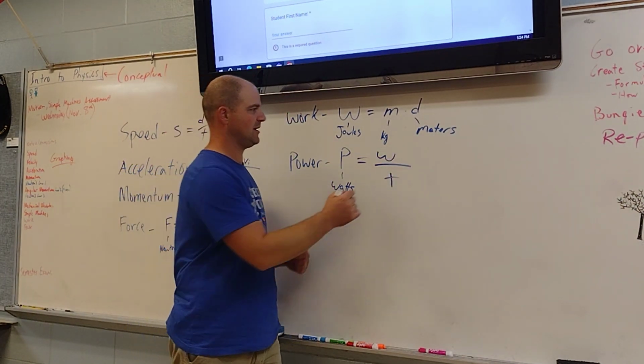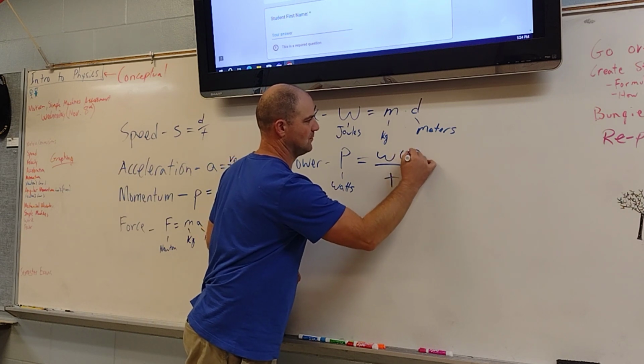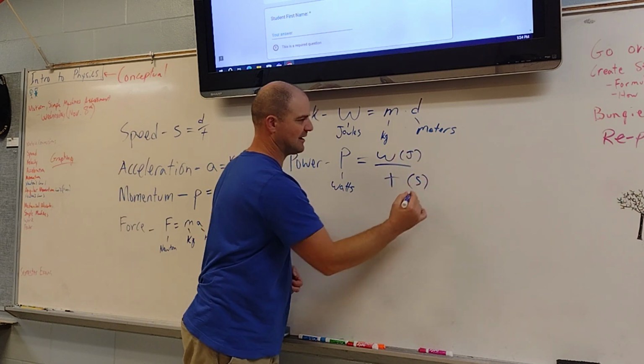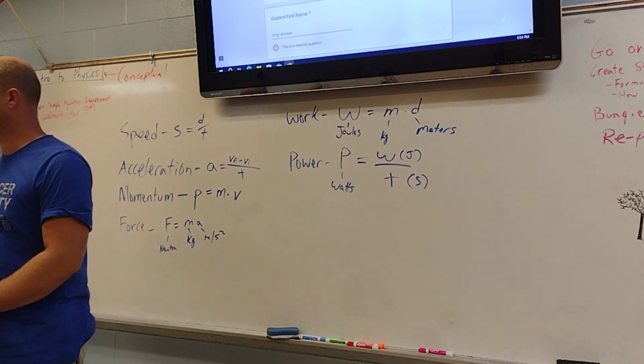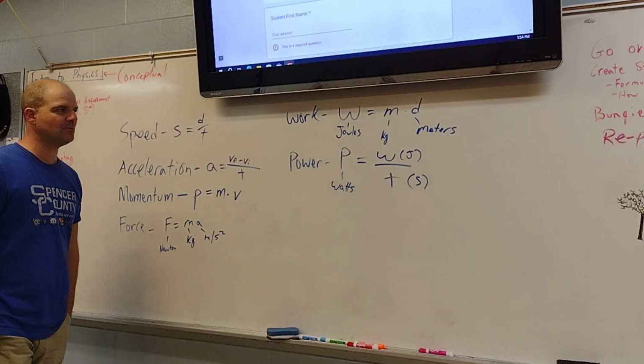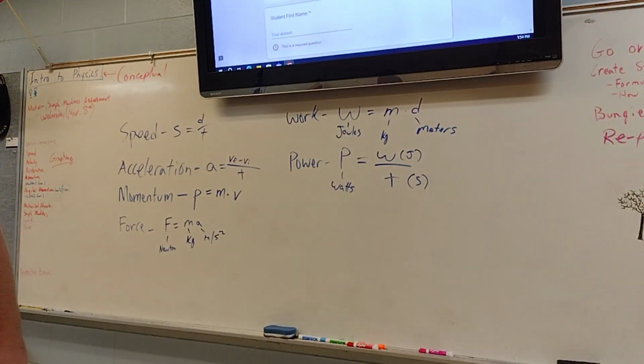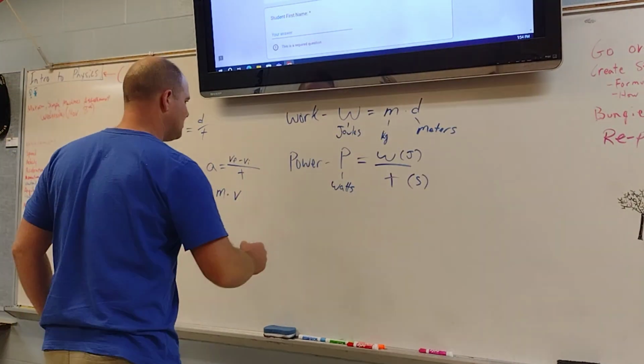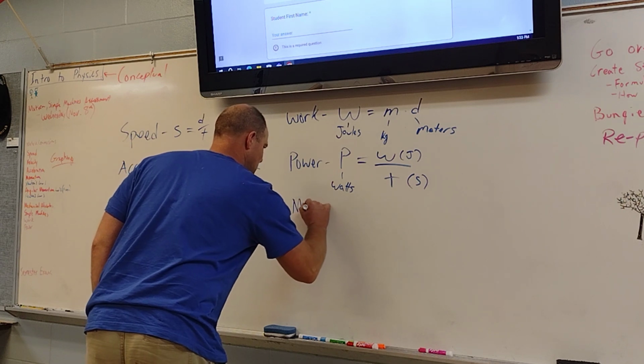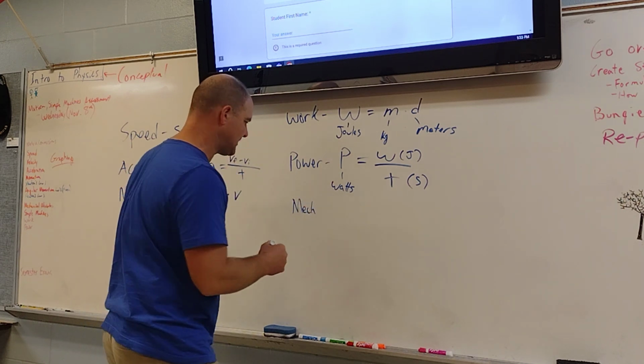The work in joules, time would be in seconds. So work in joules divided by time in seconds gives you power in watts. Then we have mechanical advantage and efficiency, which are kind of similar looking.